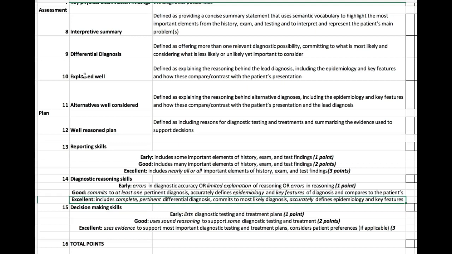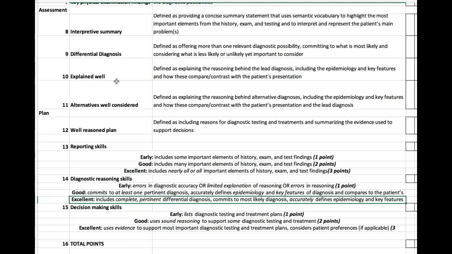So I do read H&Ps where I can tell that students really wanted to go to the seminal literature, and I don't know exactly what they did, but it seems like they may have gone to PubMed and just typed in kind of a random point, found an article, and gone from there. And I think it's stronger if you go to the literature that is the basis of recommendations and standard of practice. That can be hard to find out, especially when you're in the beginning as a student.